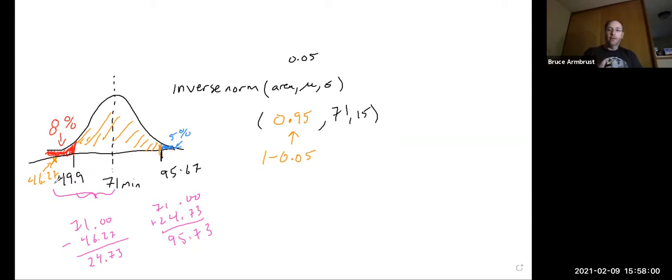And the reason we can do this is because of the symmetry of the normal distribution. It looks exactly the same on either side. So if we're going to go a certain distance to go to the lower 5%, you'd go the same distance the other way to get to the upper 5%. So that's another approach, although I'm just a huge fan of diving straight in with the inverse norm.